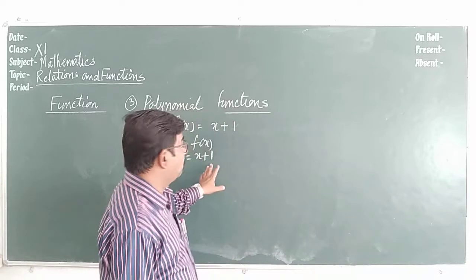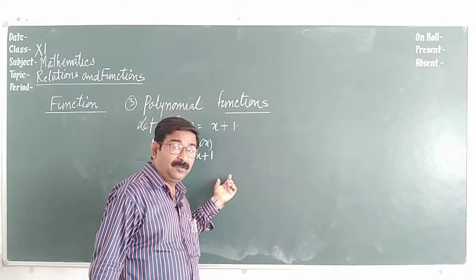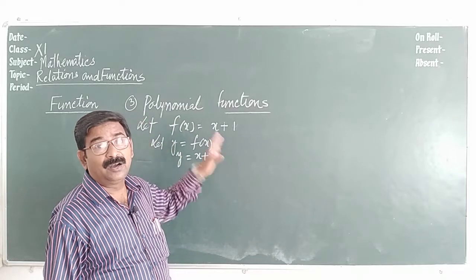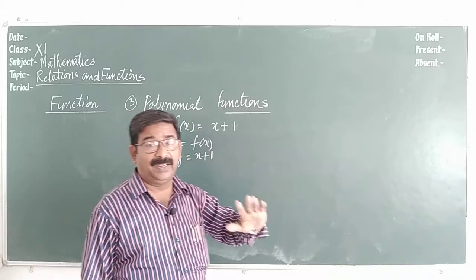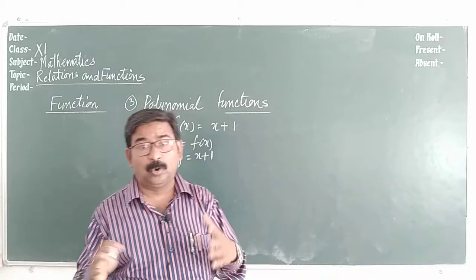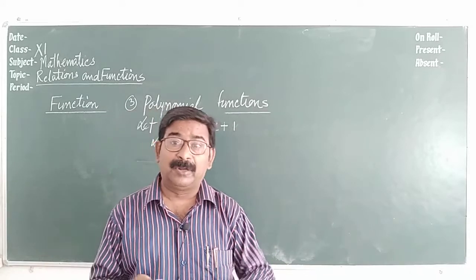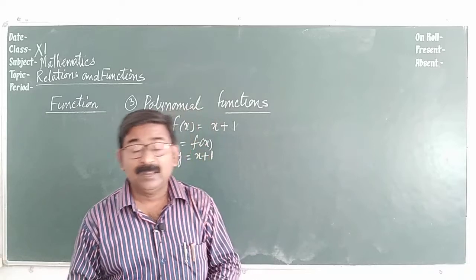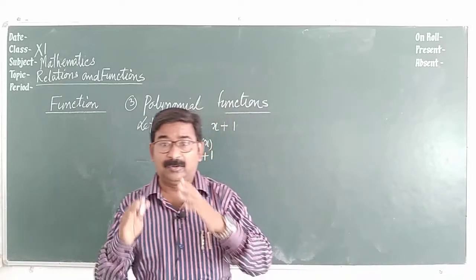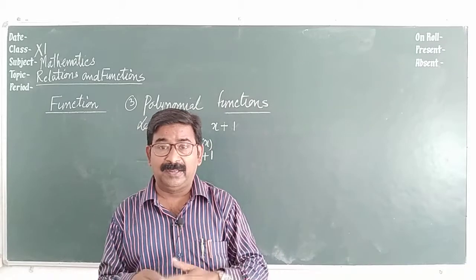Means in case of linear polynomial, just right now we discussed that domain and range are all real. In case of quadratic polynomial, domain is all real, but maybe range may not be. In cubic polynomial, domain is all real. In tetra polynomial, domain is all real.